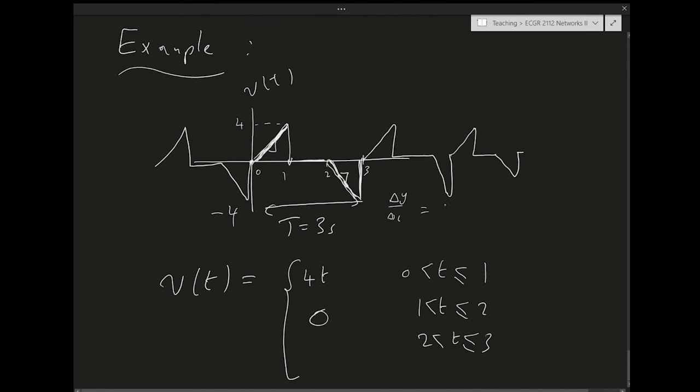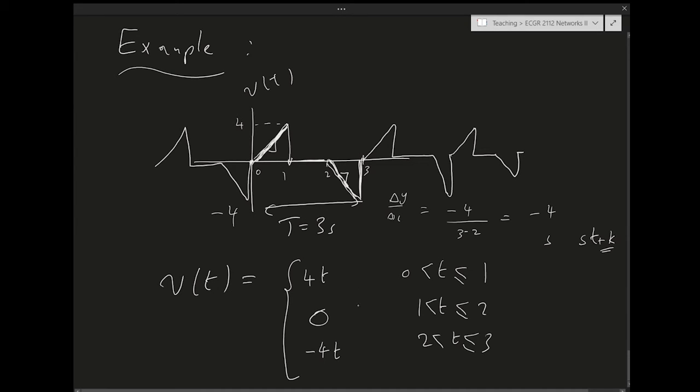Delta y is just minus 4, and delta x is 3 minus 2, which is 1, so the slope is minus 4. You know how to write a linear function. If you have a slope, the linear function is just the slope times t, plus some constant, which we have to determine. But the slope is going to be minus 4, so this function is going to have minus 4t.